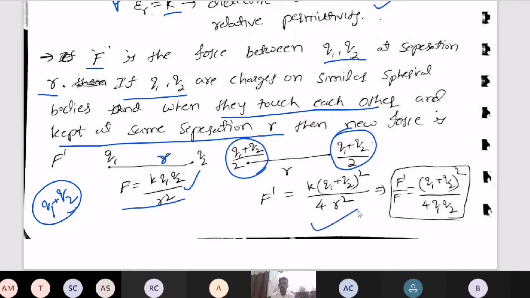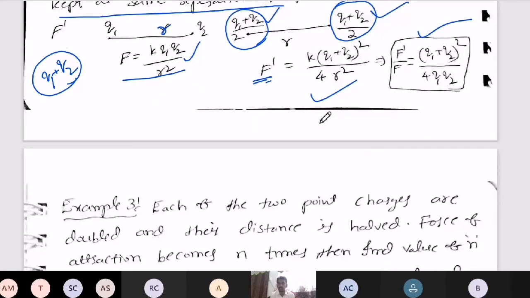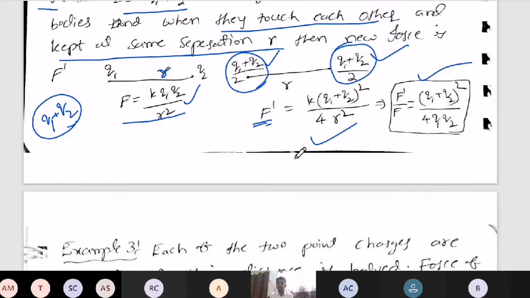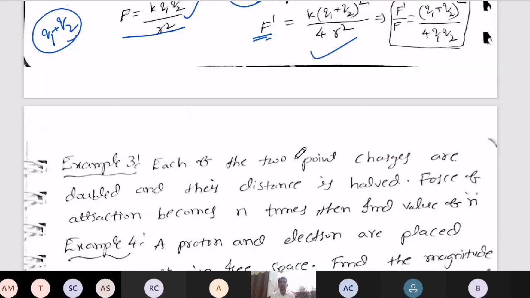Then you can find the new force where one charge is Q1 plus Q2 by 2 and the other charge is also Q1 plus Q2 by 2. If you take the ratio, there is a relation between the new force and the initial force. This way they can ask comparison based questions even on the conduction concept.